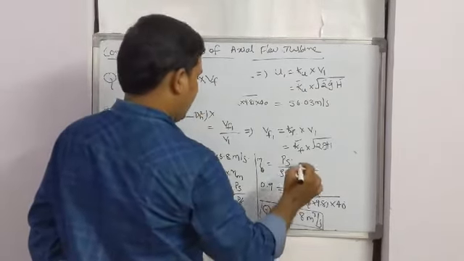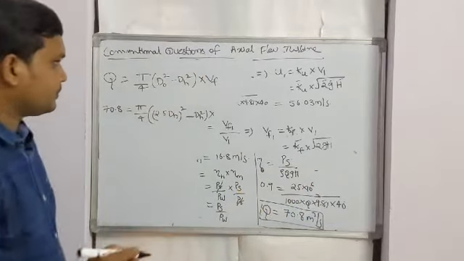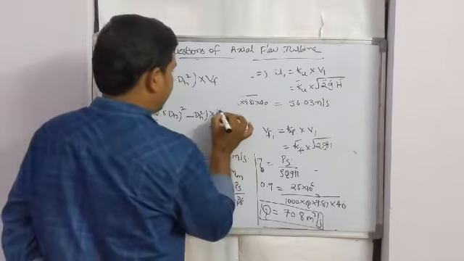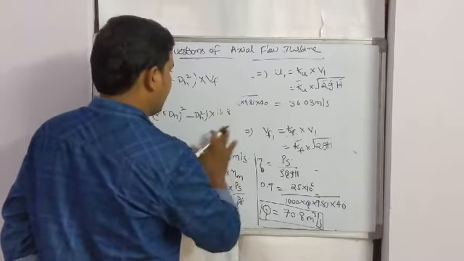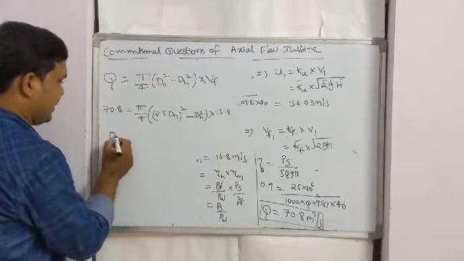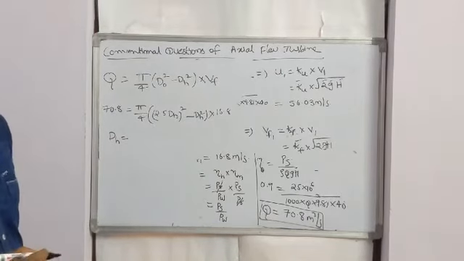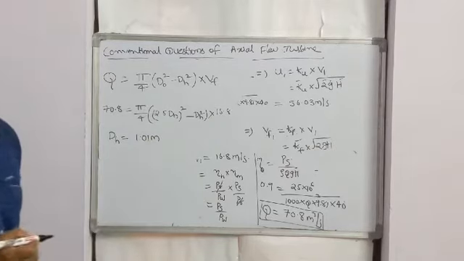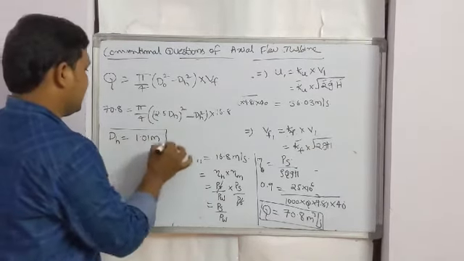We already found the velocity of flow as 16.8. By substituting all of these we get the hub diameter Dh as 1.01 meter. So the hub diameter is over.